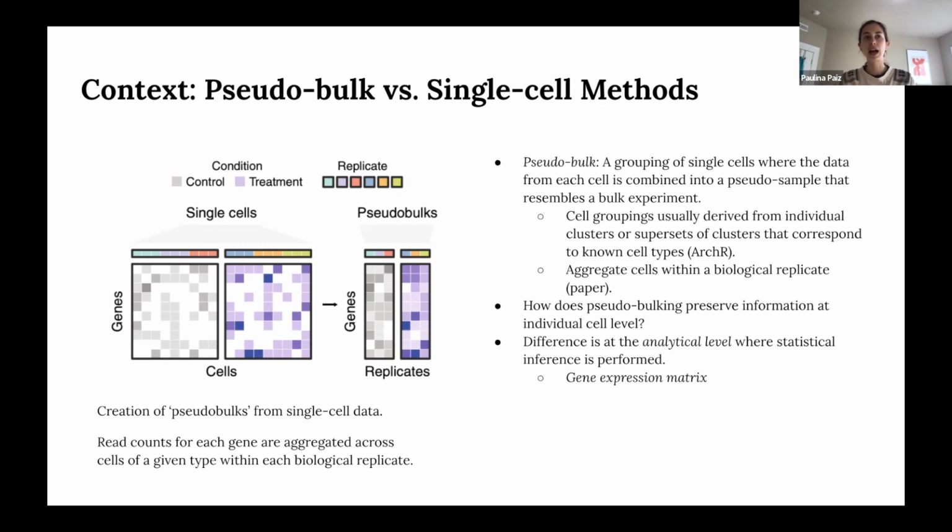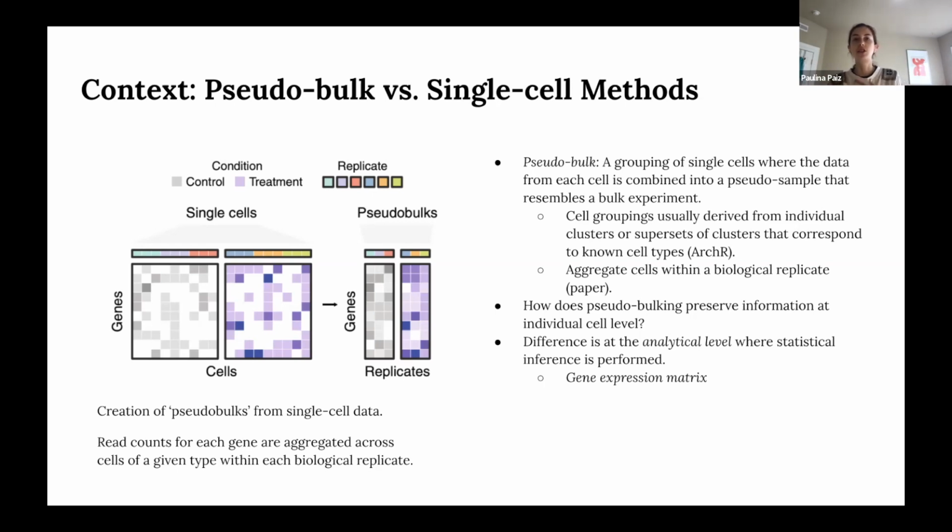And so when I was thinking through pseudobulks and trying to understand them, my first question and my first concern was, if the whole purpose of doing single cell methods is to preserve this information at the individual cell level, is there some kind of loss of that information when you do pseudobulk?